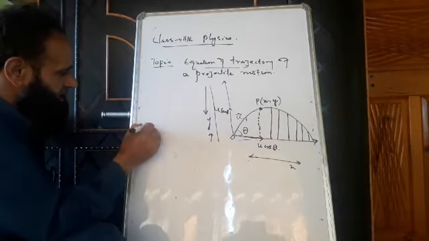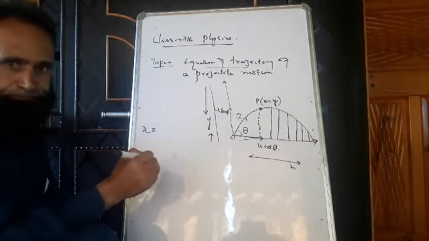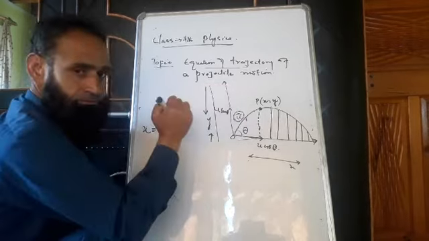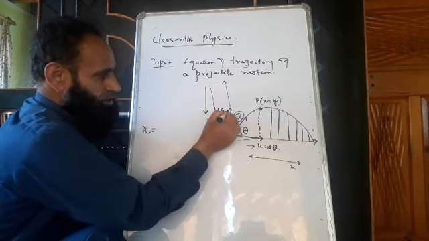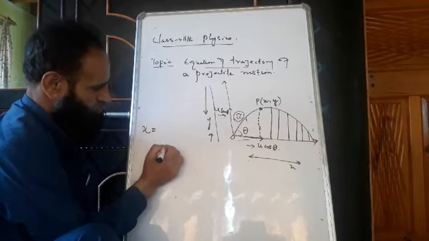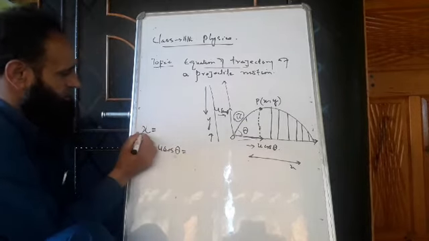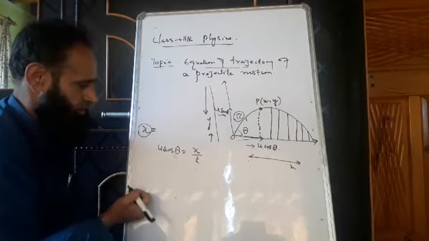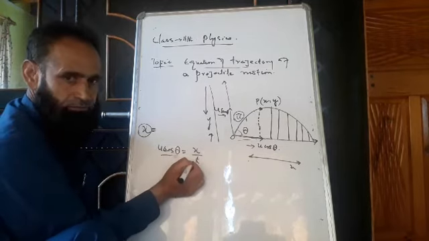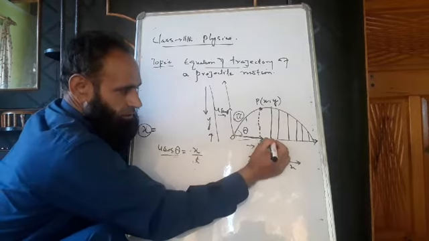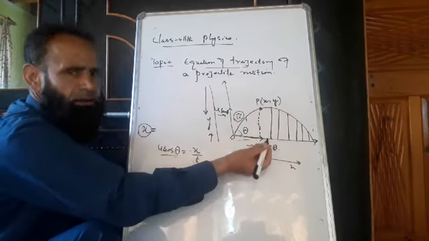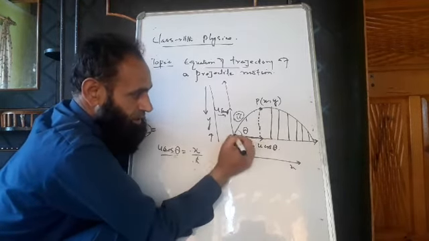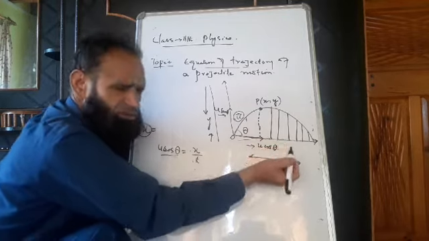The horizontal component x is given by a velocity component. So u cos theta is equal to the horizontal distance x divided by time. X is the horizontal distance, and time t can be taken at any position, t1, t2, t3, t4.